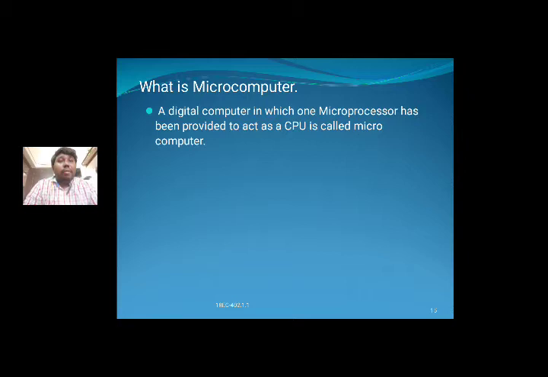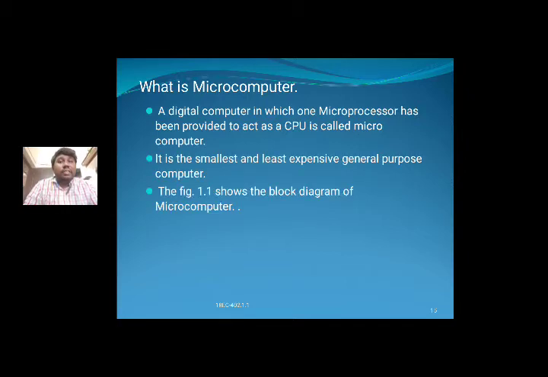And here, in the form of a definition, a digital computer in which one microprocessor has been provided to act as a CPU is called a microcomputer. That means this is another way of explaining the microcomputer in relation to the microprocessor unit.